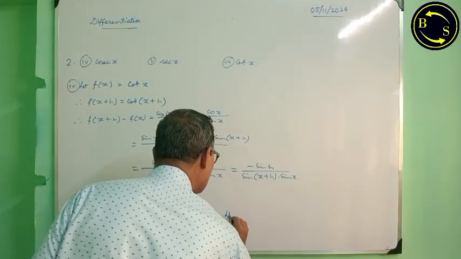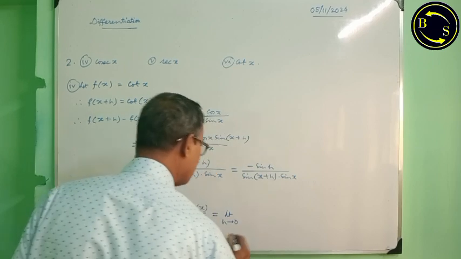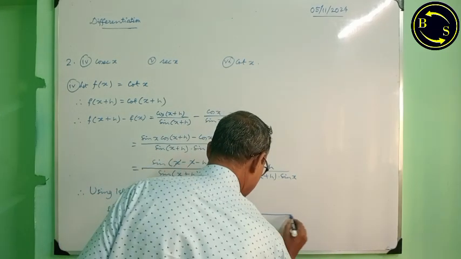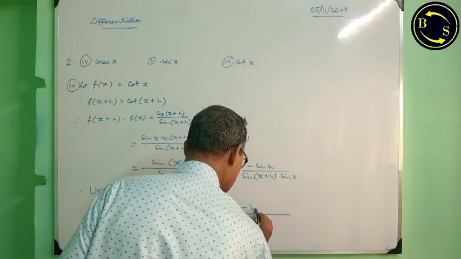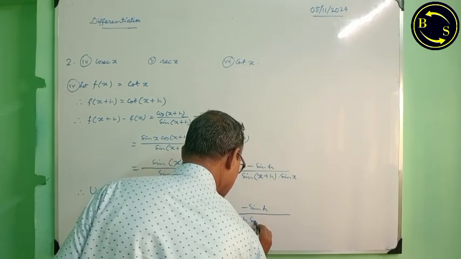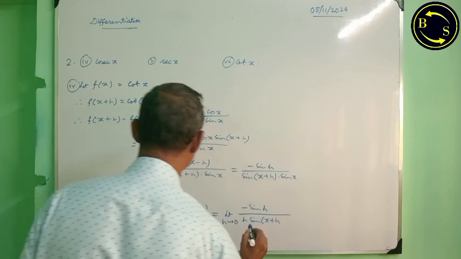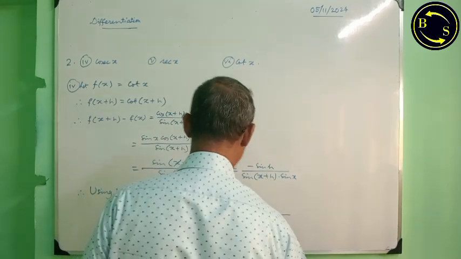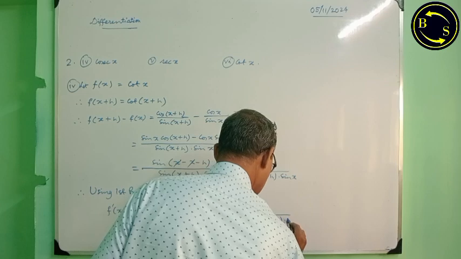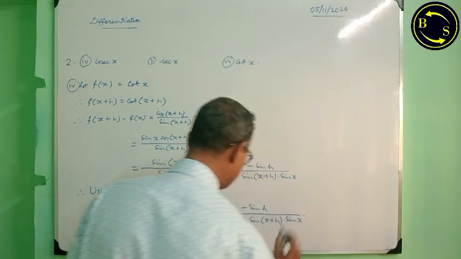Limit h tends to 0, minus sin h by h into sin of x plus h into sin x.